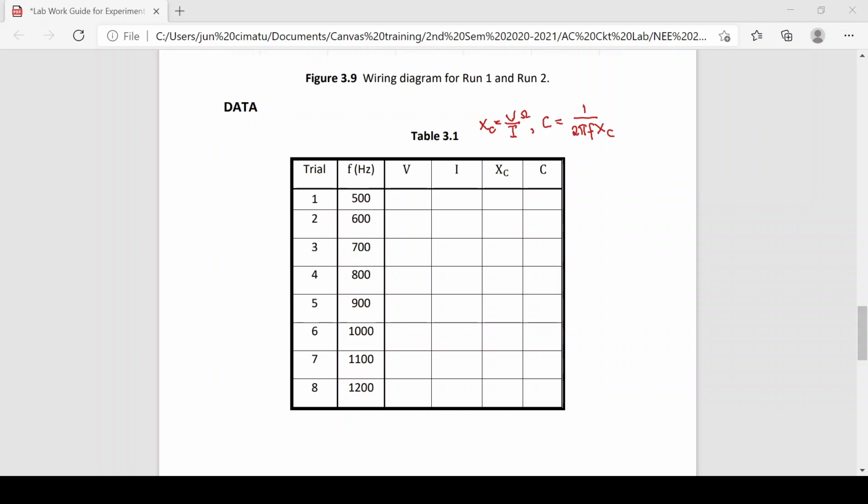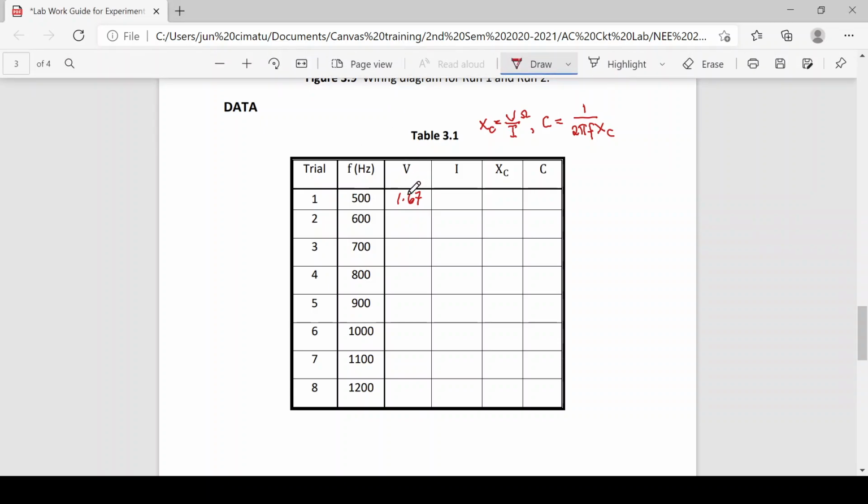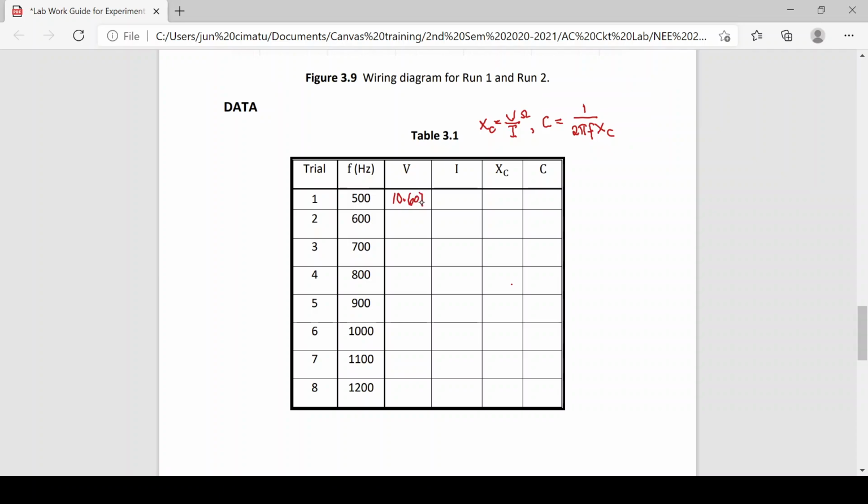Current is 1.67 amperes, and the voltage is 10.607 volts.